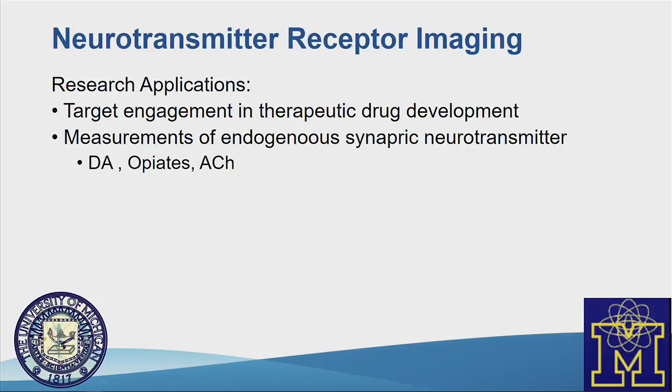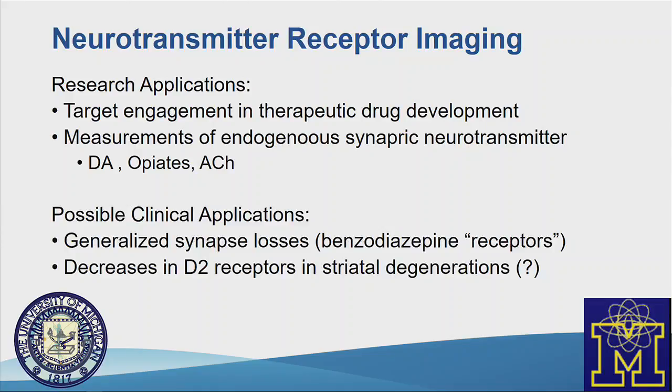So, neurotransmitter receptor imaging, predominantly research applications. Target engagement by therapeutic drugs in pharma and development is actually a heavily engaged use, but many of these results are held in confidence. And then measurement of endogenous synaptic neurotransmitter, I think, is a very attractive and ongoing research use.